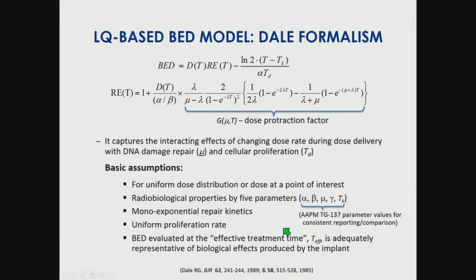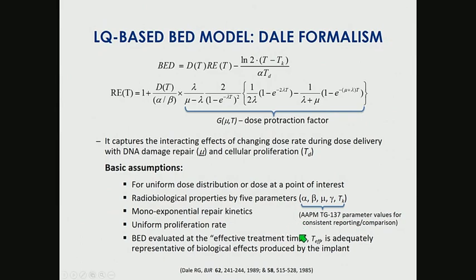Now, the other assumption is that DNA damage repair follows mono-exponential kinetics. In addition, the proliferation rate remains uniform. Now, with this last assumption, it also requires an additional assumption that the BED has to be calculated at a so-called effective treatment time when there is cell proliferation present.